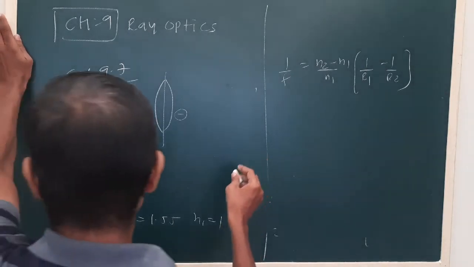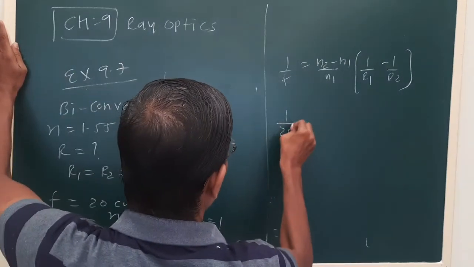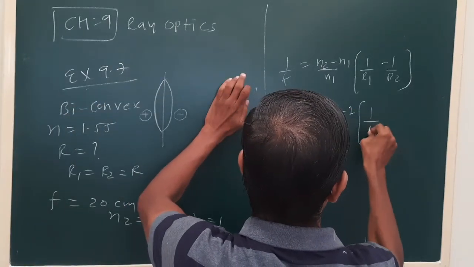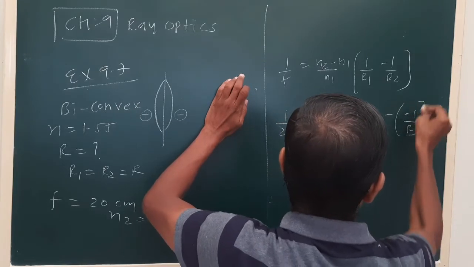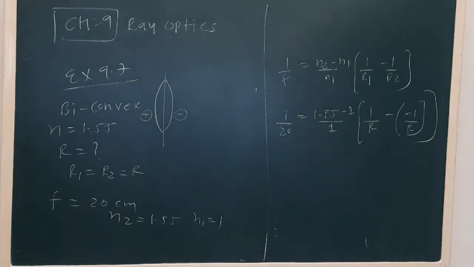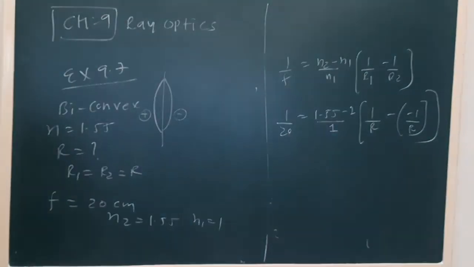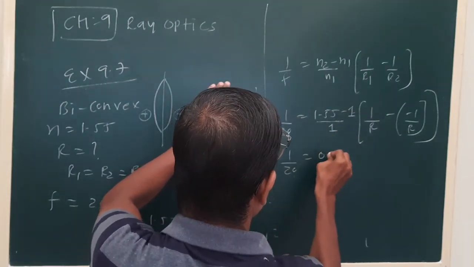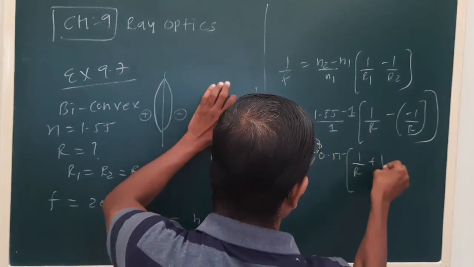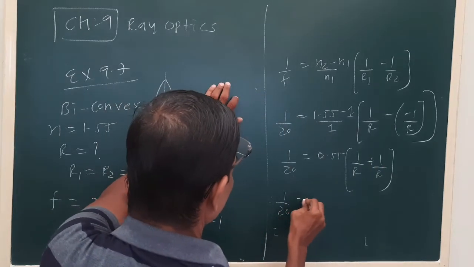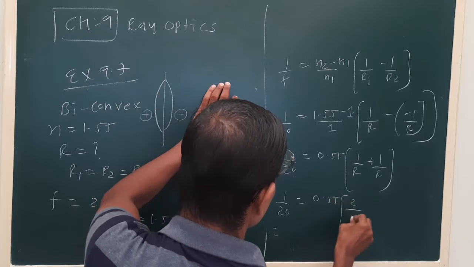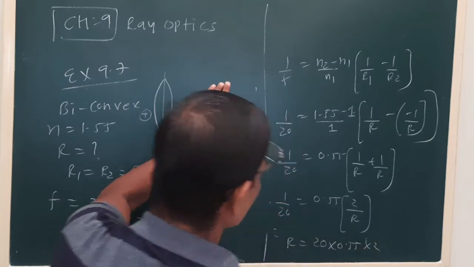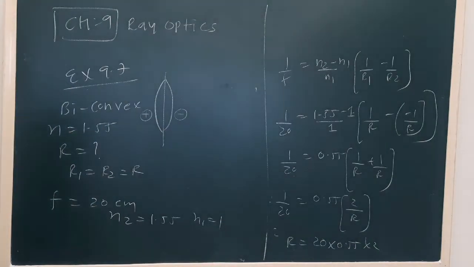The focal length is given as 20 centimeters, so 1 upon 20 is 0.55 times (1 by R plus 1 by R). Okay, so if I solve for R, that will turn out to be 22 centimeter.